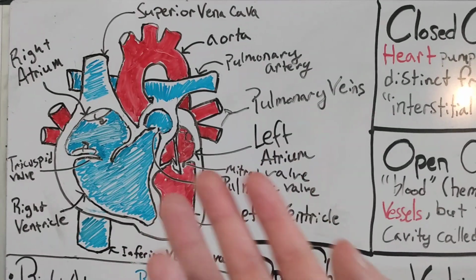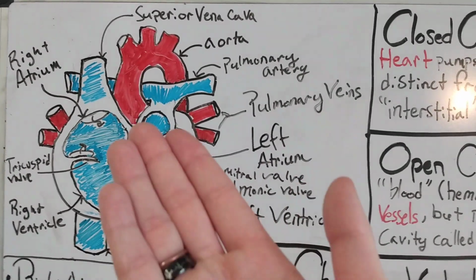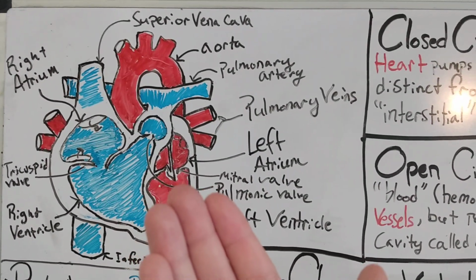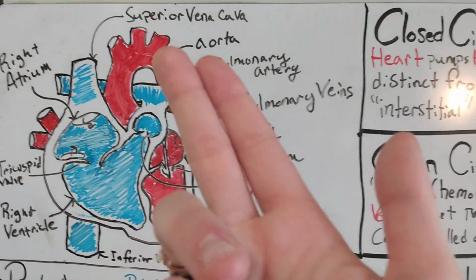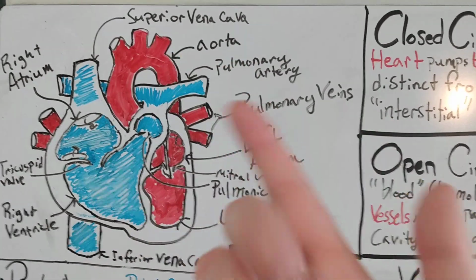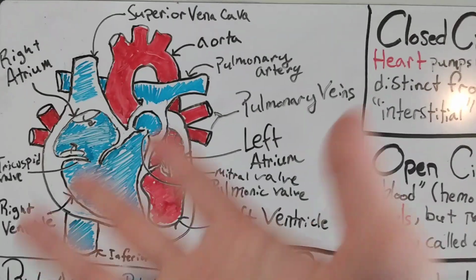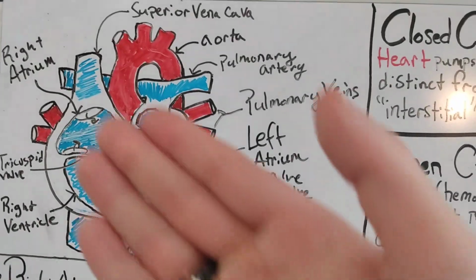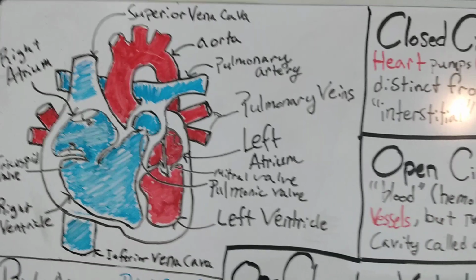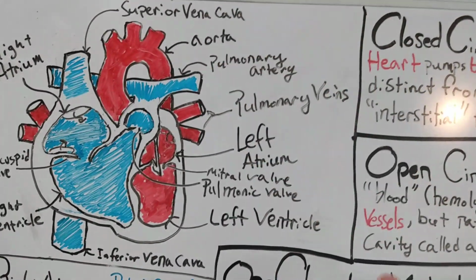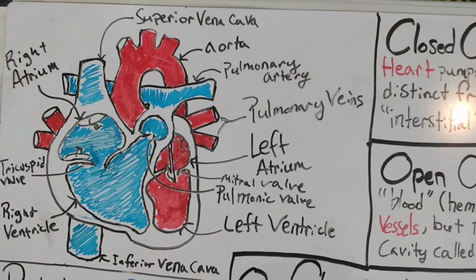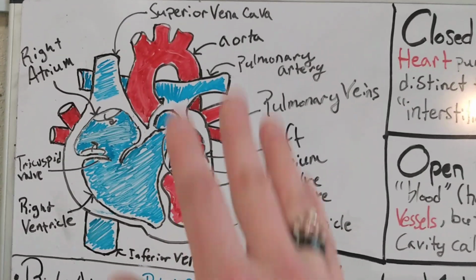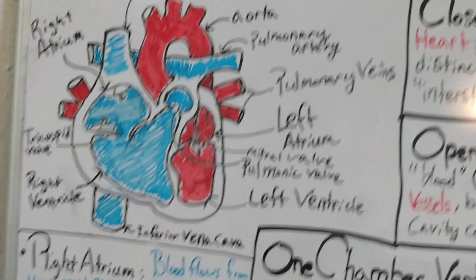But the left ventricle, when it contracts, it'll send the oxygenated blood up through the aortic valve and into the aorta, and this aorta will take the blood to the rest of the system, to the rest of the body. Okay, so that oxygenated blood will now go to the muscles and internal organs and everything, and it will deliver oxygen to the rest of your body. All right, and so this is how it works in birds and mammalian systems.